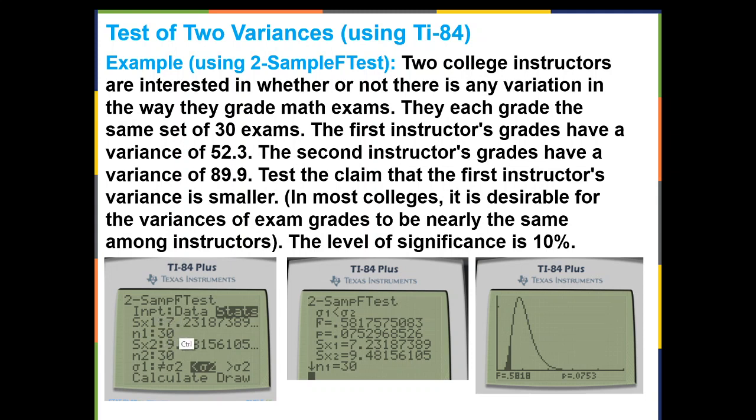N1 is the sample size of the first group, the standard deviation of second group, sample size second group, and you pick the left tail and calculate or draw. If you draw, you get the F distribution with the p-value. If you calculate, you just get the p-value and you get the F, right?